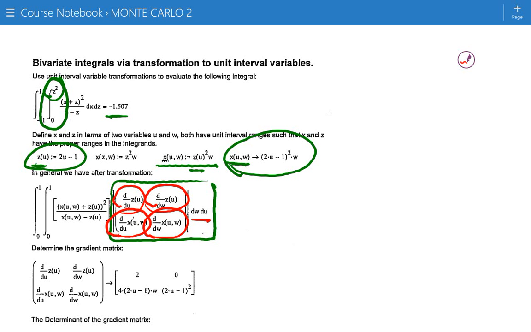We plug in the values accordingly above, and now the integral goes from 0 to 1 and 0 to 1. It's no longer a function of a variable because w and u both go from 0 to 1.